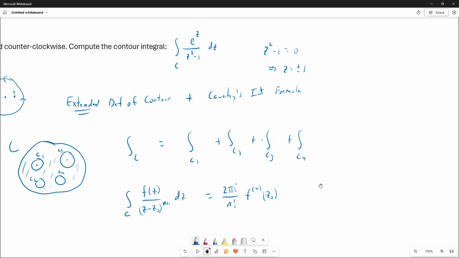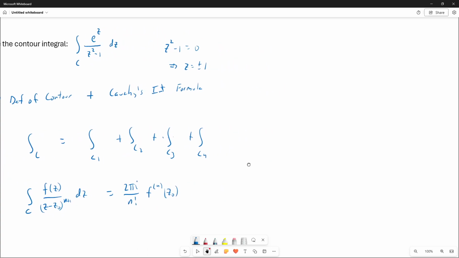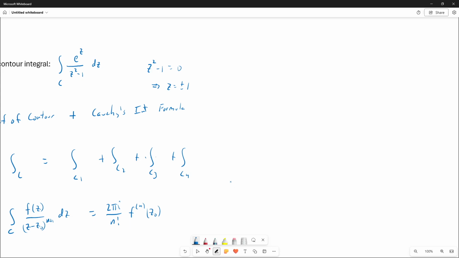So the first thing we're going to do is write our function e to the z over z squared minus 1 as e to the z over z minus 1 times z plus 1, just simply factoring the denominator.